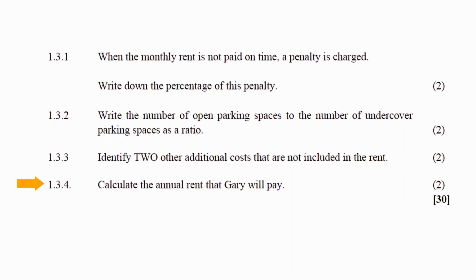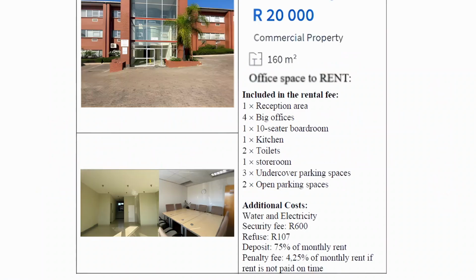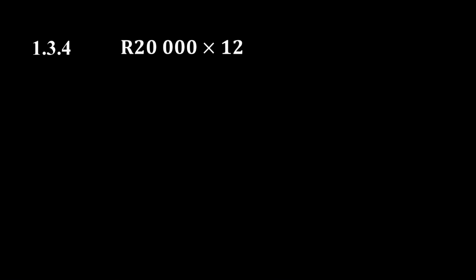In question 1.3.4, you have to calculate the annual rent that Gary will pay. The advertisement lists the monthly rent as R20,000. The annual rent is calculated by multiplying the monthly rent by the 12 months of the year. This will give us an annual rent of R240,000.